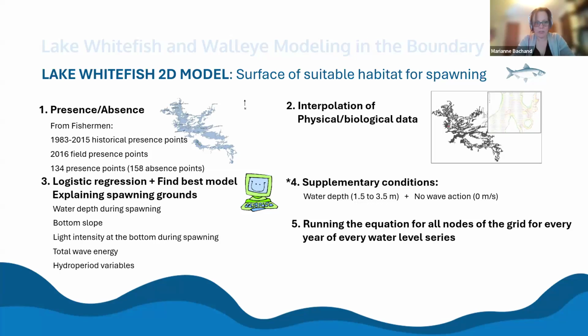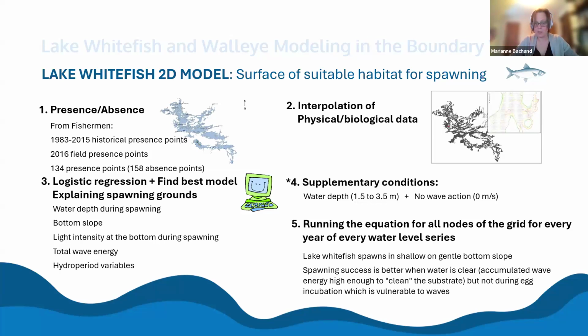We use a similar approach to walleye, using the various physical models developed in the REIM. Also, we use a logistic regression and add supplementary conditions to evaluate egg survival. And we ran those equations at all nodes for every year of the different water level time series.